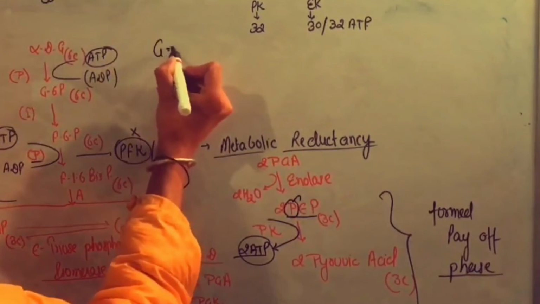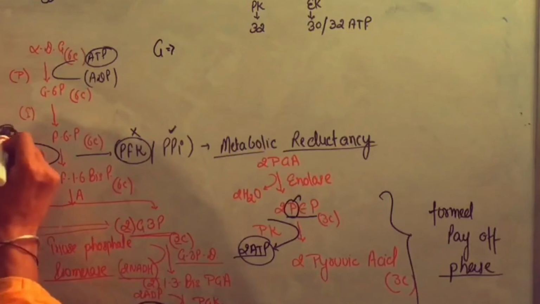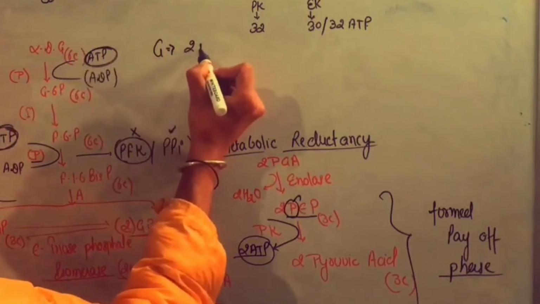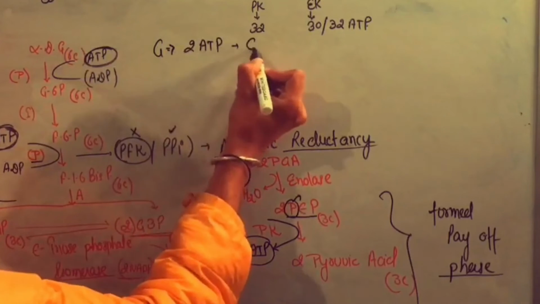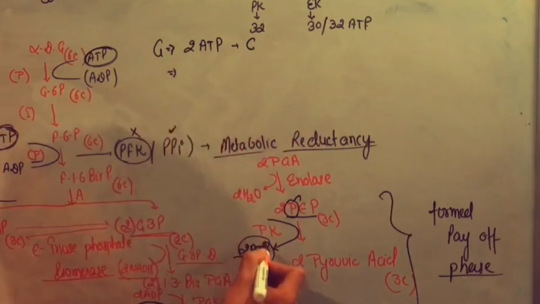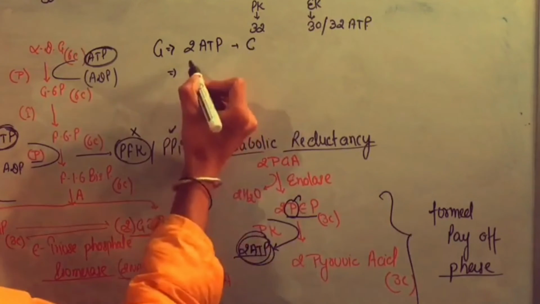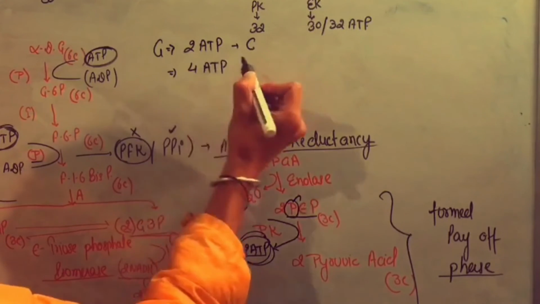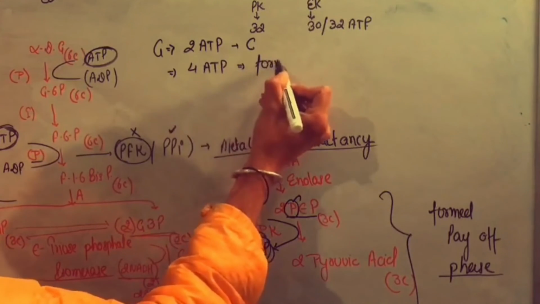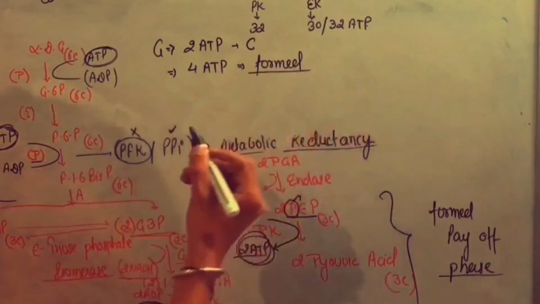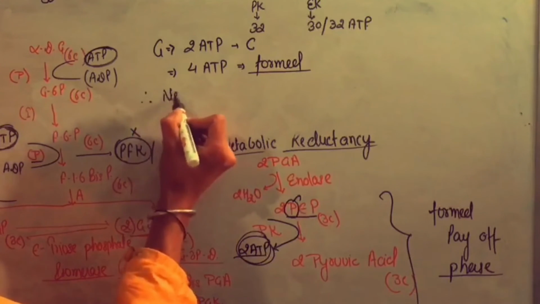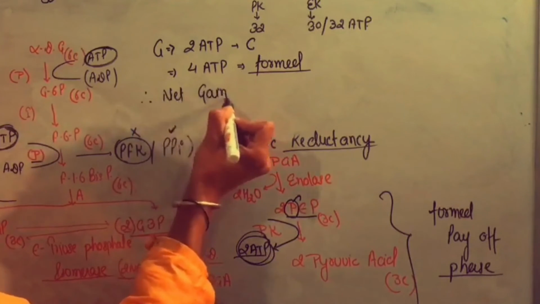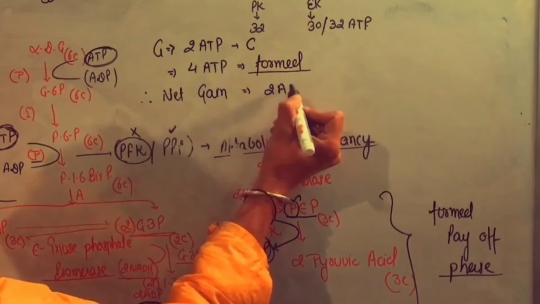So in glycolysis, 2 molecules of ATP are consumed and 4 molecules of ATP are formed. Therefore, the net gain is equal to 4 minus 2, that is 2 ATP.